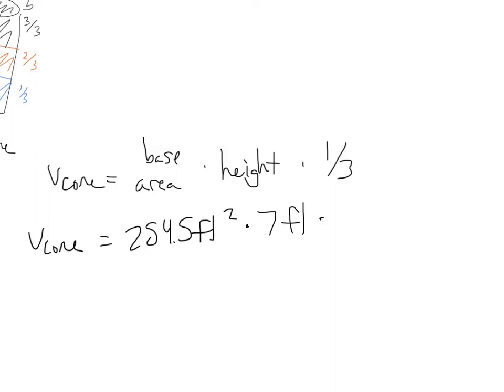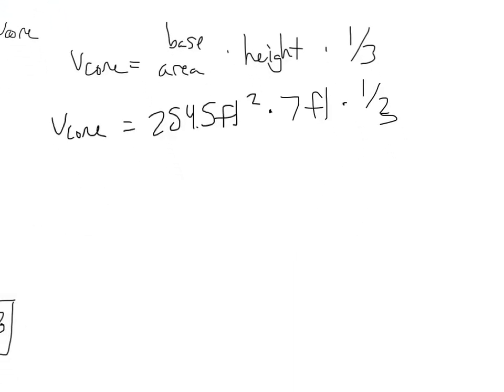And then we take that times a third. Again, we could have put the third in front. It doesn't really matter. So 254.5 times 7 is going to get you 1781.5. And we're taking feet squared times feet, and you get feet cubed.